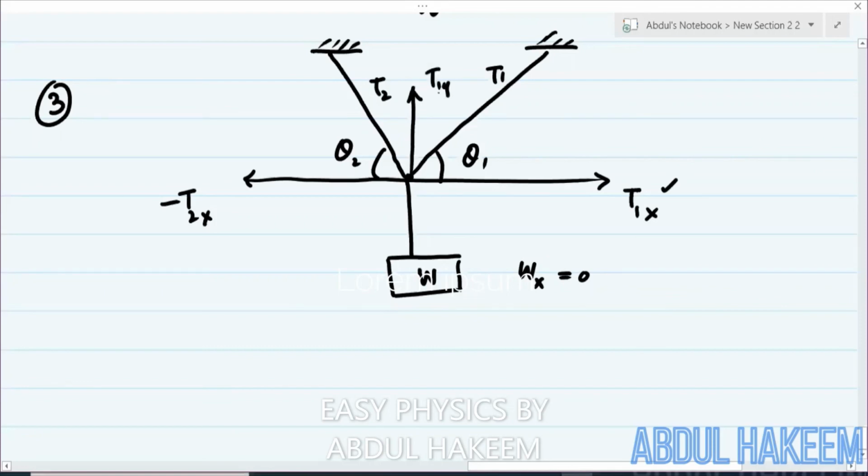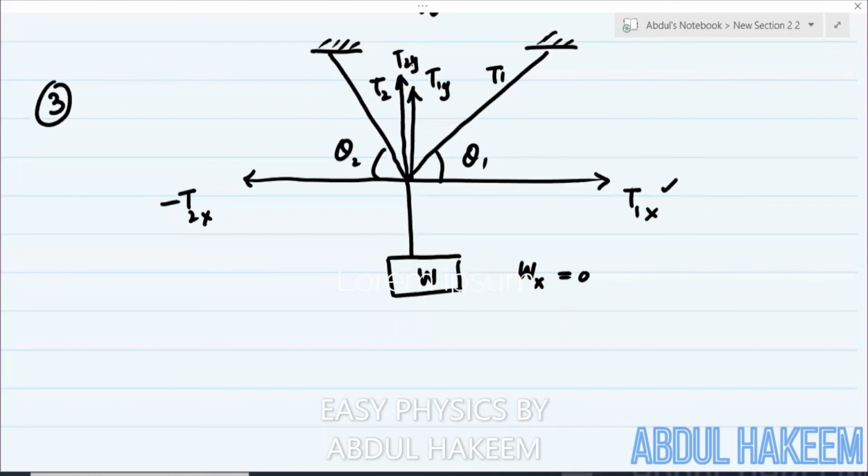Now T1x is this. Similarly, T1y is in the upward direction and T2y is also in the upward direction. It is at rest, the system is in equilibrium. So the sum of all three forces T1, T2, W will be 0, I mean the resultant will be 0.